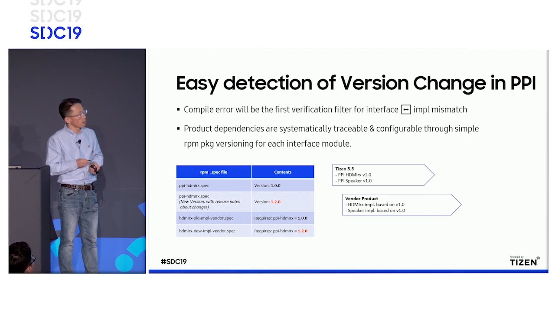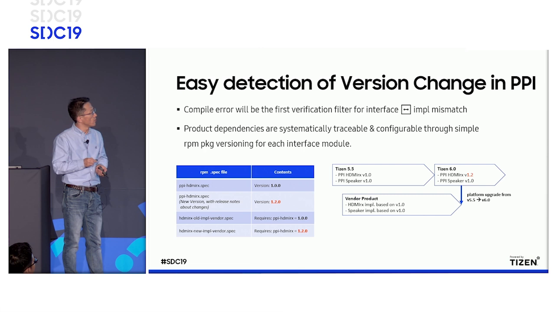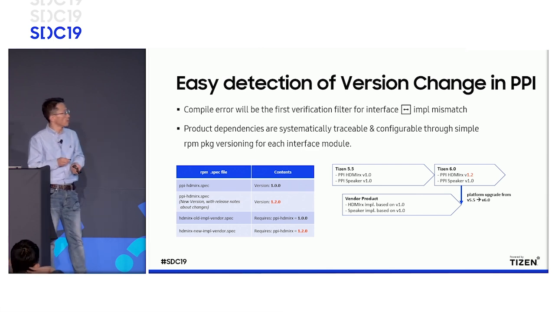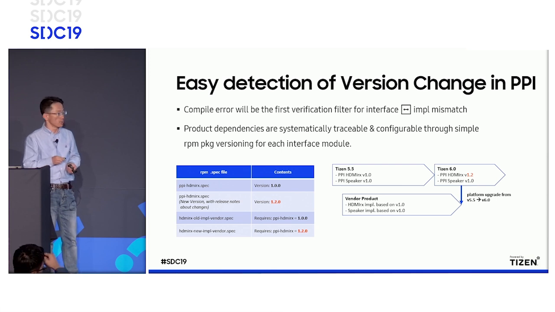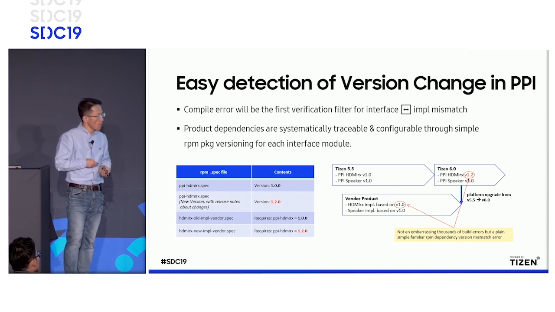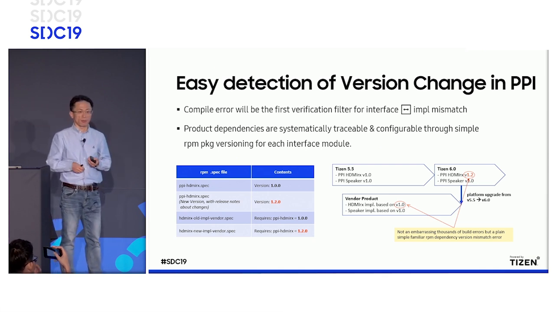So there is no problem in the dependency between them. All of a sudden, the common part version is increased like 1.2, but in that case, there is a problem in here because it needs 1.0, but already it has changed. In that case, the implementation should be updated following this version. So from the development perspective, embarrassing errors, you know, thousands of errors can be avoided through systematic check.